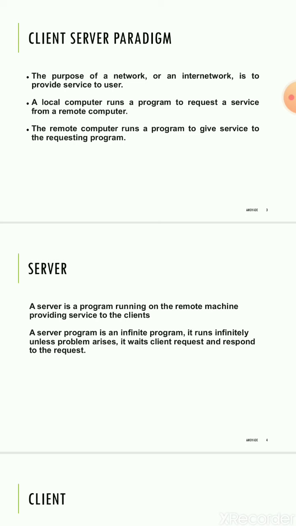If I consider that the client is the user, it is receiving the services from the remote site. One way to achieve this purpose is to run two programs. A local computer runs a program requesting services, and the remote computer runs a program to give services to the requesting program. This means that two computers are connected to each other and to the internet, and they are servicing requests and responses between each other.